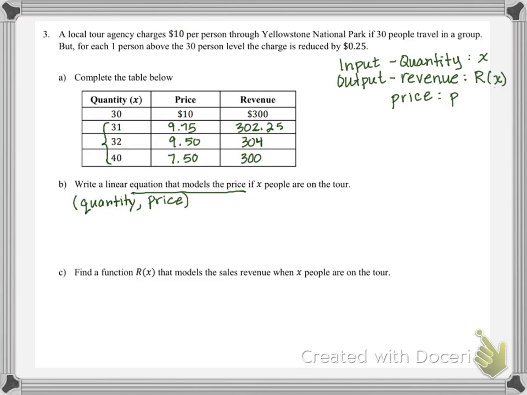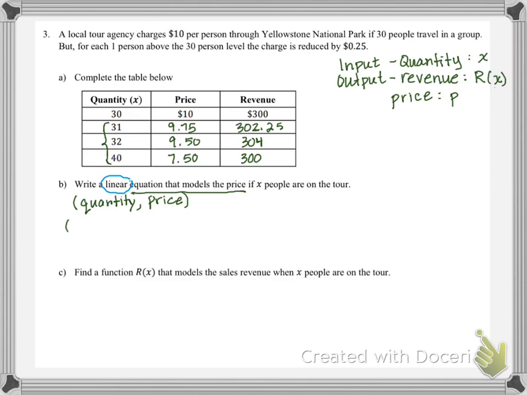And I know that I can use points to find a slope and write an equation because I was told that it's a linear relationship. I couldn't go down to part C and write 2 points, find the slope, and write a linear equation, because I don't know that revenue is a linear function. It doesn't say anything about that. But here, since I'm told in part B that there's a linear model, then I know that I can find the slope and then write in slope-intercept form.